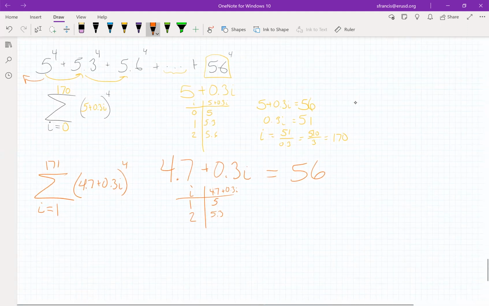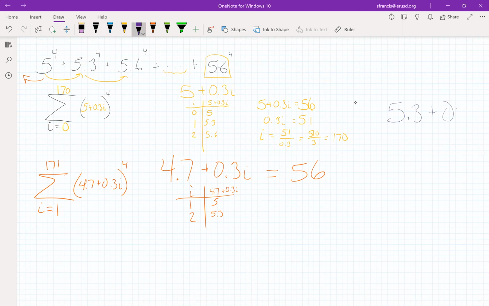We could do it again. We can do this an infinite number of ways. Maybe I don't want those. Maybe I want to start at -1 instead. So if I had 5.3 plus 0.3 times i, here I'm going to need i to be -1 to start, because when i is -1, I'm going to get 5.3 plus -0.3, which is 5.